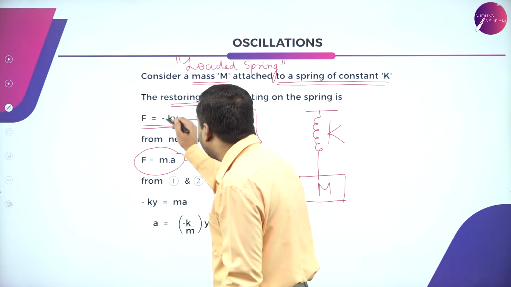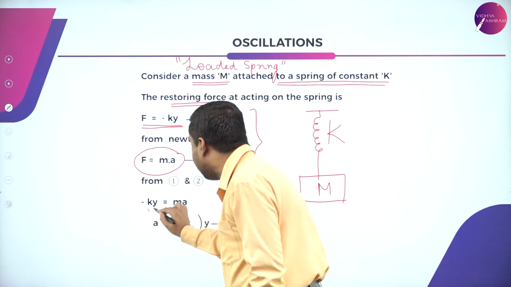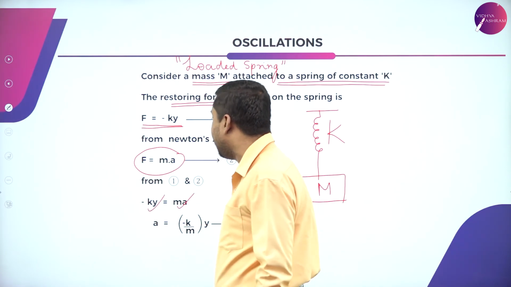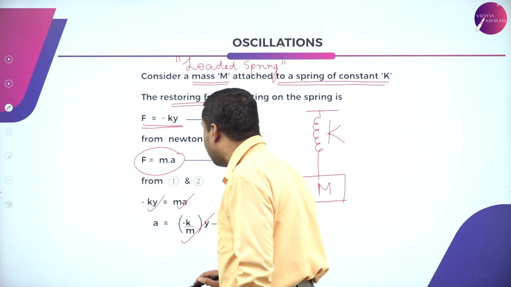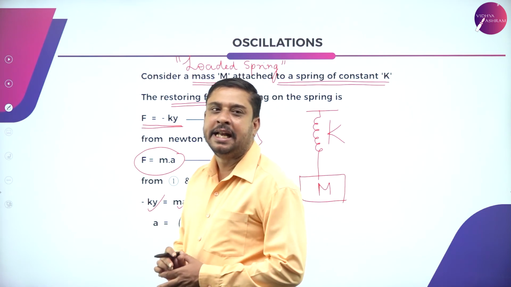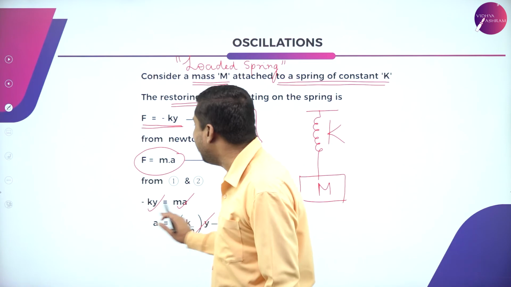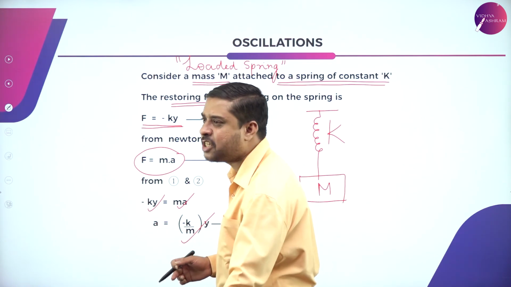Certainly yes, because the left hand side is force. So minus ky equals m into a, or a is minus k divided by m into y. I am just rearranging the terms so that I get acceleration.